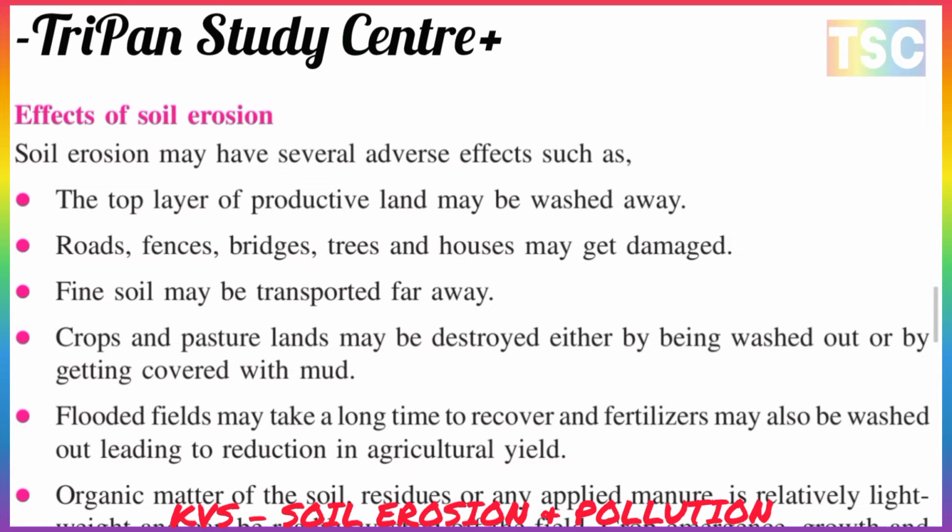Otherwise they begin to wash out while they are getting covered with mud. And flooded fields may take a long time to recover, and the fertilizers may also be washed away, leading to destruction in agricultural yards.